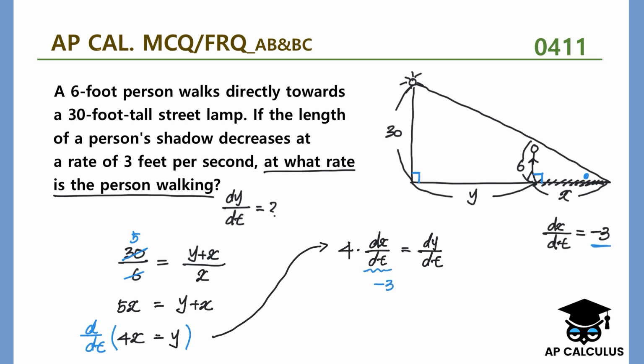So what is dy over dt? Our dy over dt is equal to -12. The unit is feet per second, right? So the distance from the lamp to the person is decreasing at a rate of 12 feet per second, or we can say that the person is walking at a rate of 12 feet per second, right?